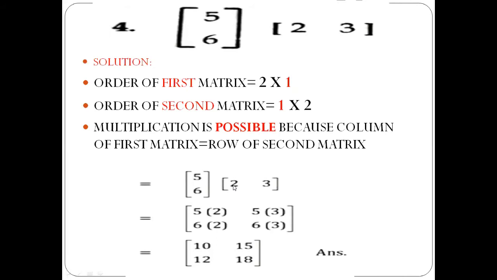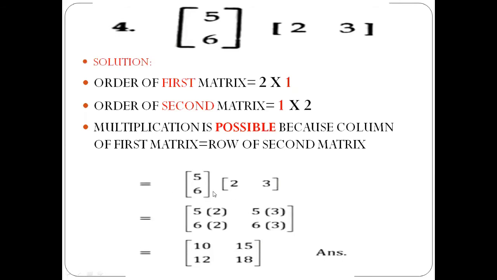So the first row contains 5 and the first column contains 2, so 5 will multiply by 2. Then we change the column: first row, second column, so 5 will multiply by 3.